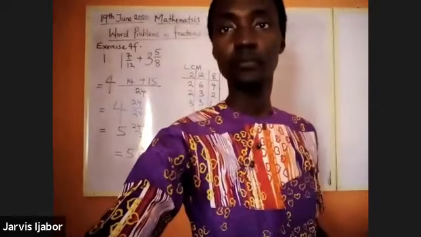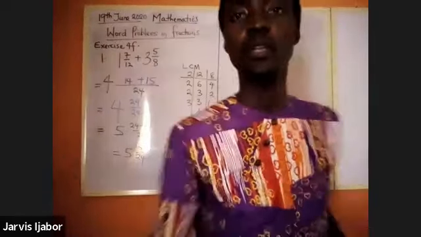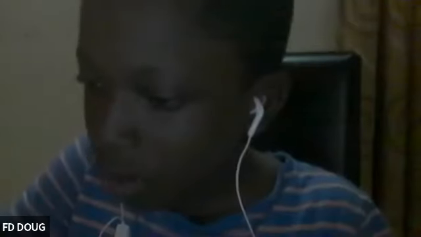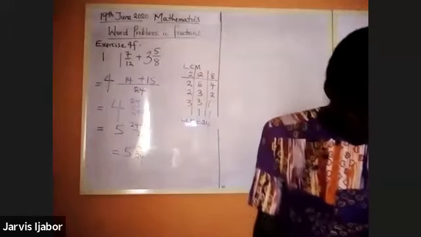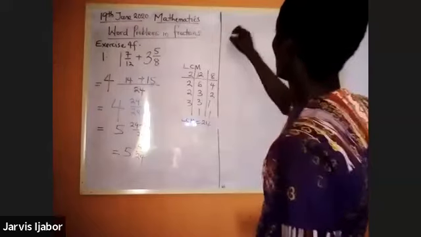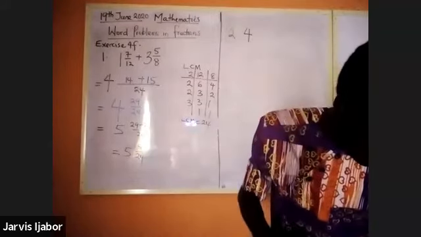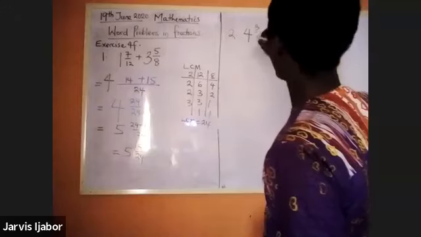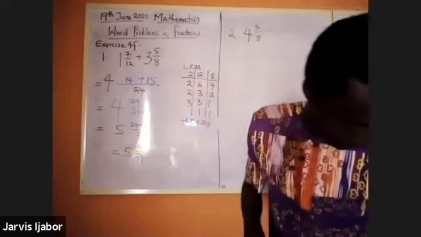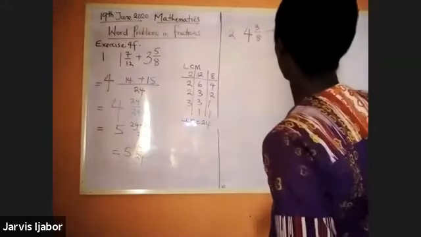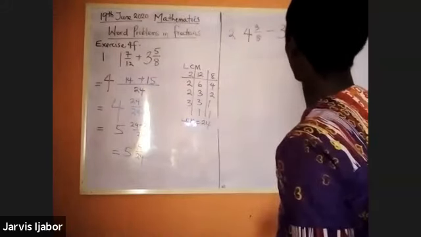So let me give you some time to look at that. In the next question, difference means what? Subtraction. So the difference between one number minus the other number 11/12.